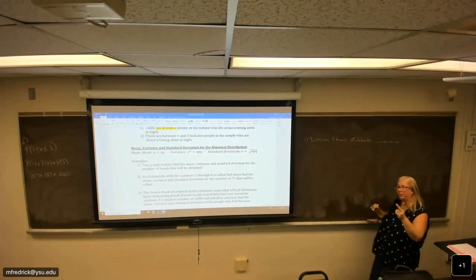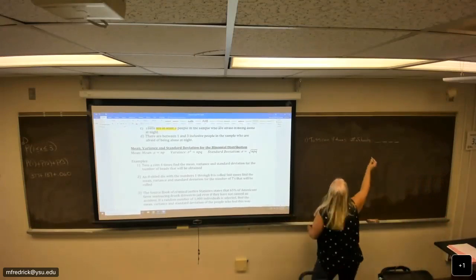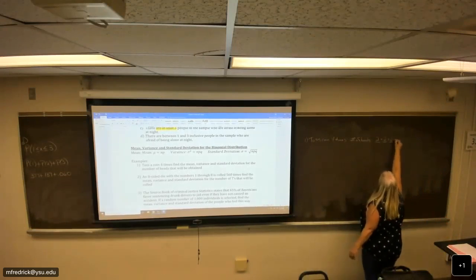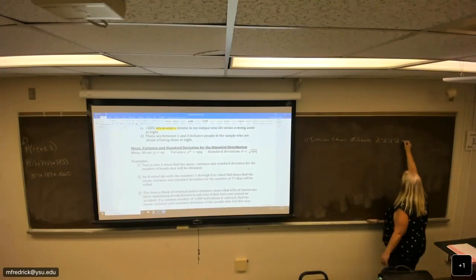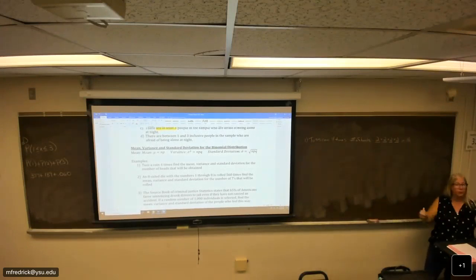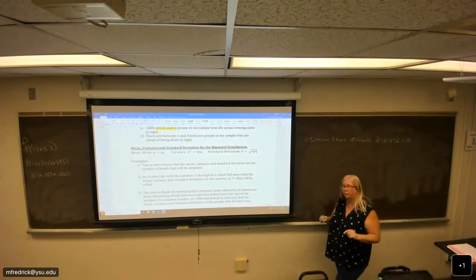Each possibility has 2, a heads or a tail. Binomial, it has to be 2s. You could write all of them. You could use a tree to find all of them.